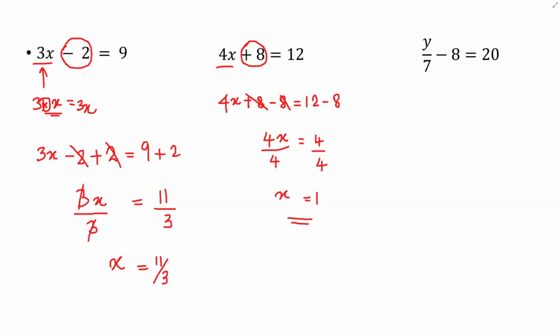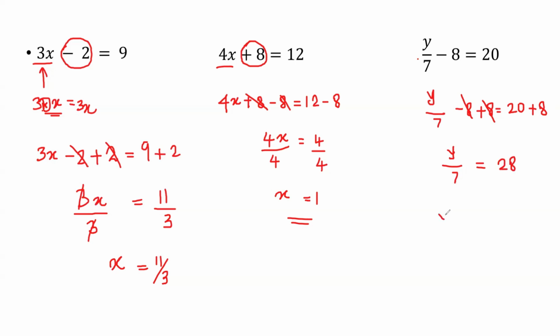Likewise, here we see division and subtraction. So y over 7, you minus the 8 and you plus this, so you get the cancellation, and 20 plus 8. These two are getting cancelled. So y over 7 is equal to 28.